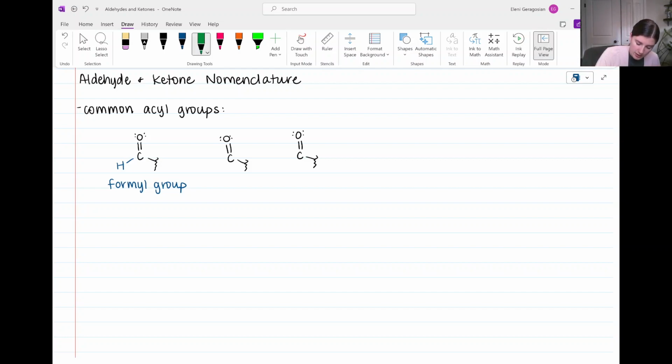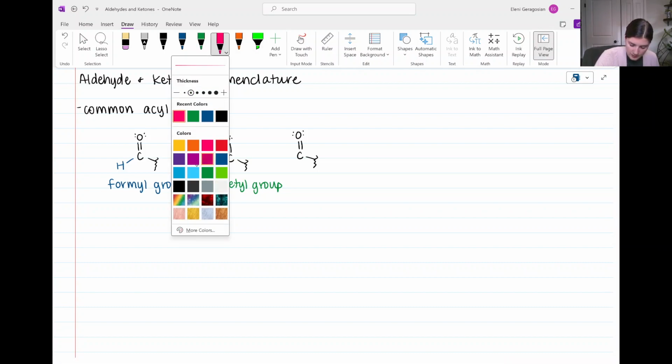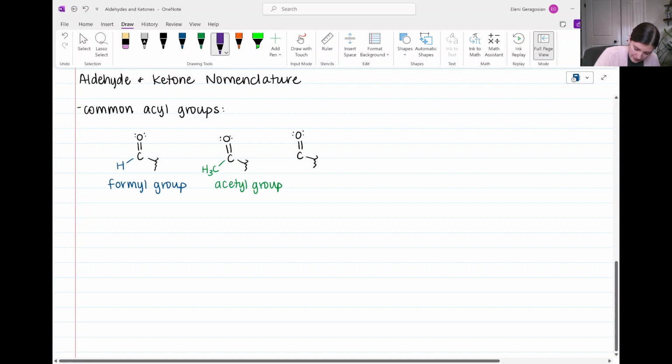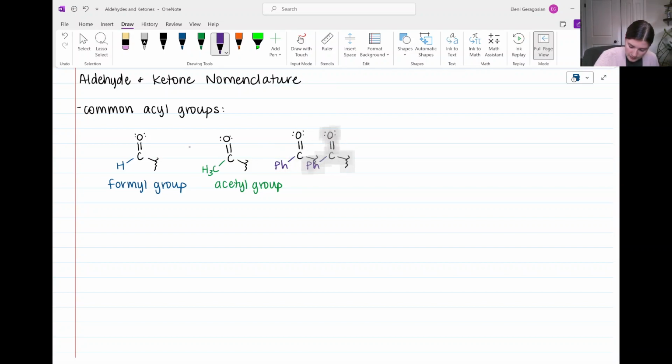If that carbon is bonded to a methyl, this is called an acetyl group. And then if that carbon is bonded to a phenyl, this is called a benzoyl group.